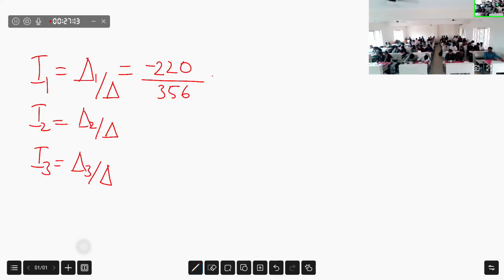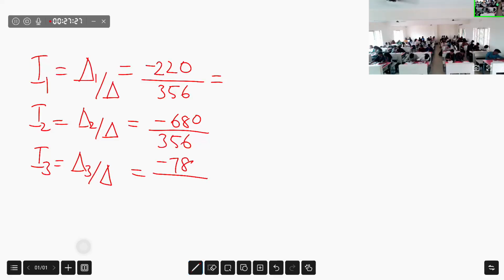So find the values. These are the final I1, I2, I3 values. I1 equals del 1 by del, I2 equals del 2 by del, I3 equals del 3 by del. What's the value of I1? Minus 0.61.